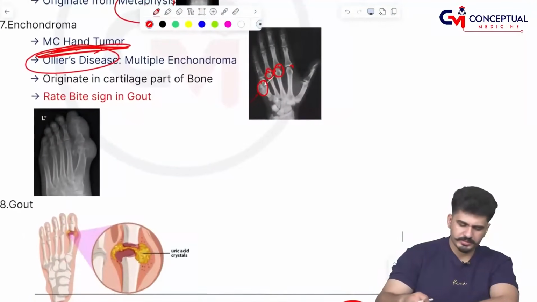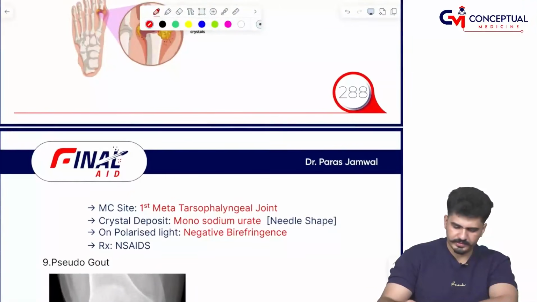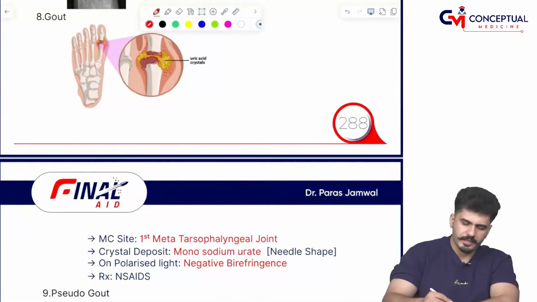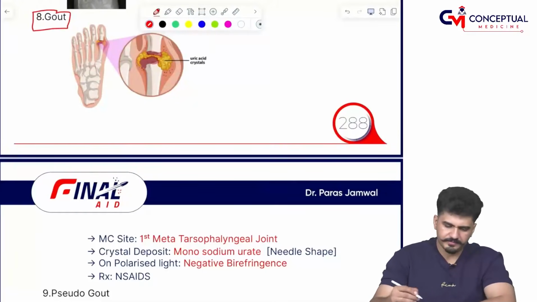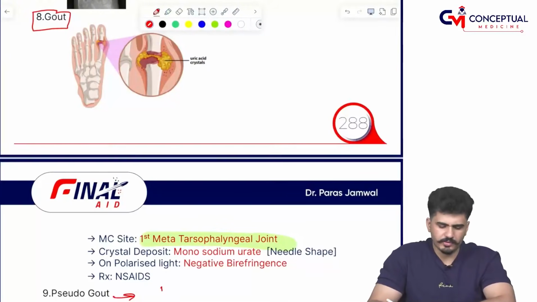Now let's talk about gout and pseudo gout, my dear friends. Sir, if we talk about the gout, the location is very important. That is the first metatarsophalangeal joint. In the pseudo gout, it is going to happen most commonly in the knee joint.